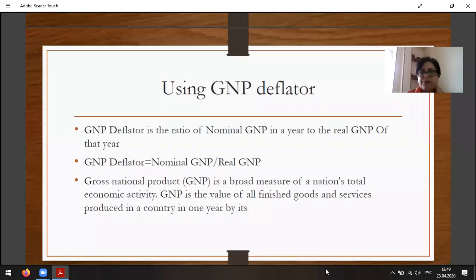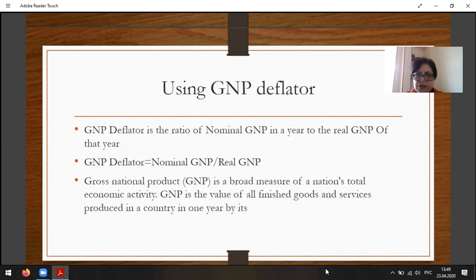And the last method, or maybe the third type of price index that we can use for counting the inflation rate, is using the GNP, or sometimes the GDP deflator.